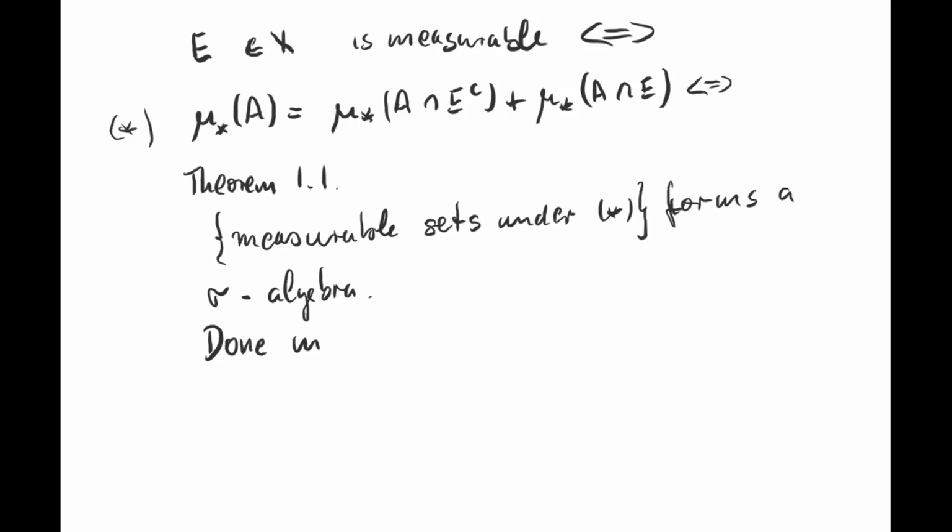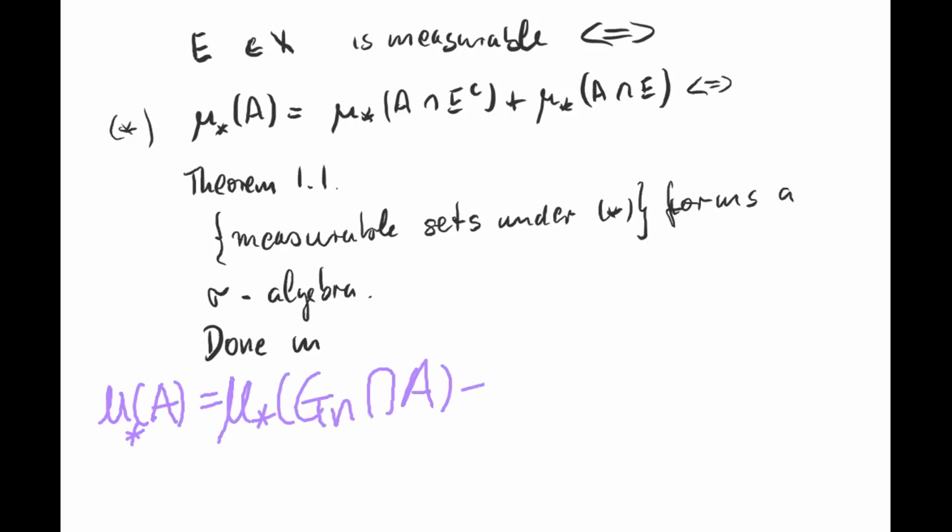Can you jot it down on my whiteboard? What do you mean, actually? I'm not quite sure where you are. Oh, okay, no problem. So mu of A equals mu of G_N intersect A plus, right in the middle, G_N complement.